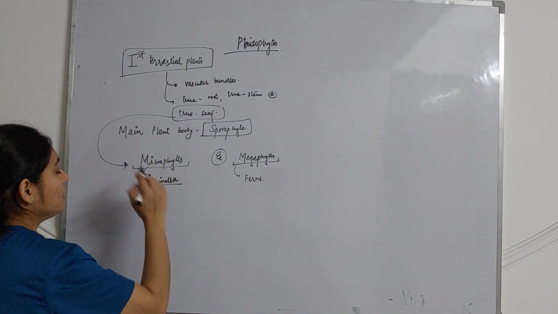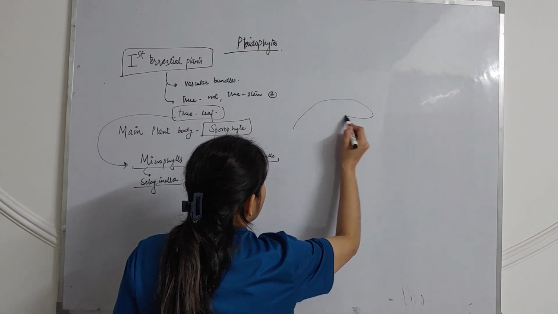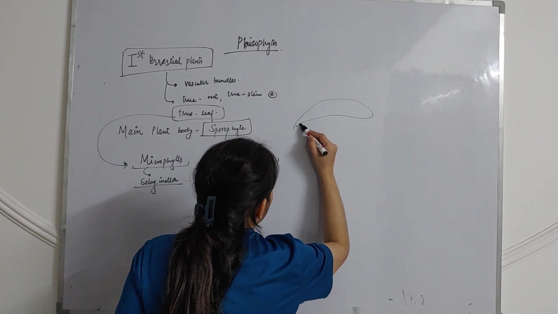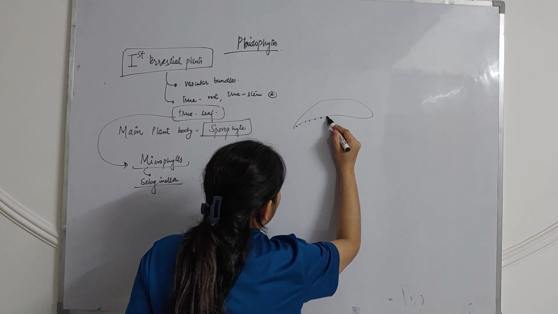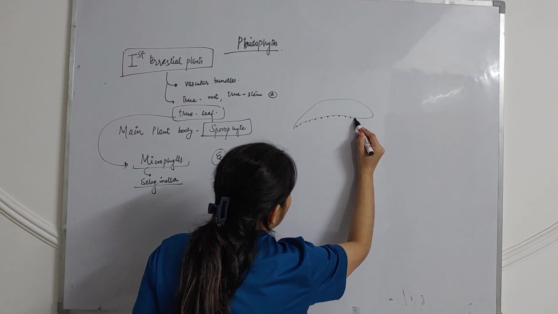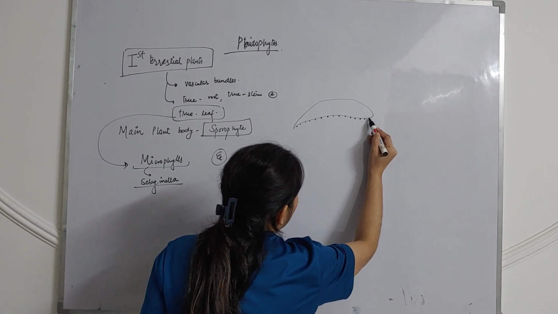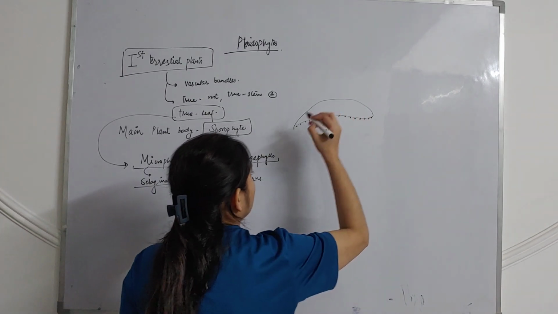And these leaves bear sporangia on the lower surface of the leaf, like this.